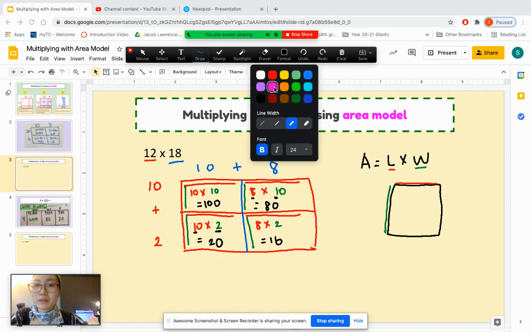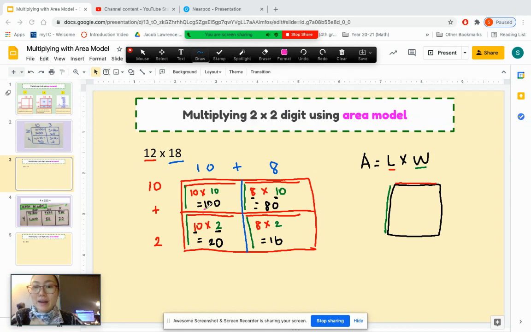We got all the partial products. Now our last job is to add all these up so we have a final product. 100 plus 80 plus 20 plus 16. And I'm going to stack them up by their place value. 100 plus 80 plus 20 plus 16.